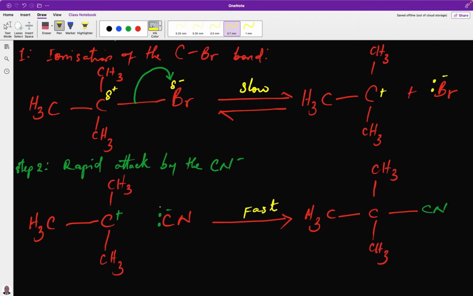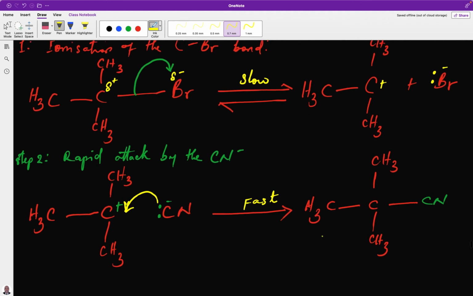So this is how the attack goes. There's an attack there. It's very fast, resulting in this. So step 2, the rapid attack by the cyanide ion. Because the carbocation is highly reactive, the cyanide ion, which is our nucleophile, is attracted to the positive carbon, donating electrons, and a new covalent bond is formed here.